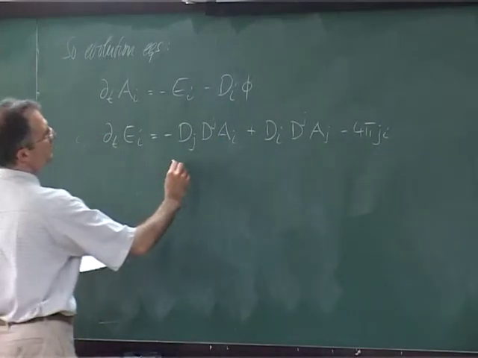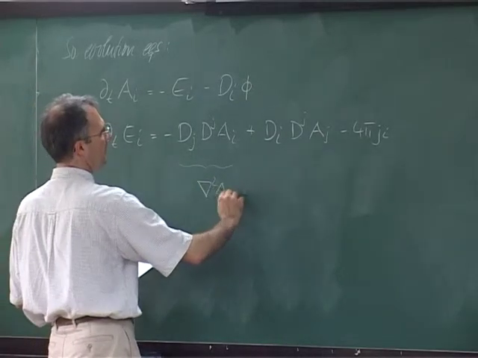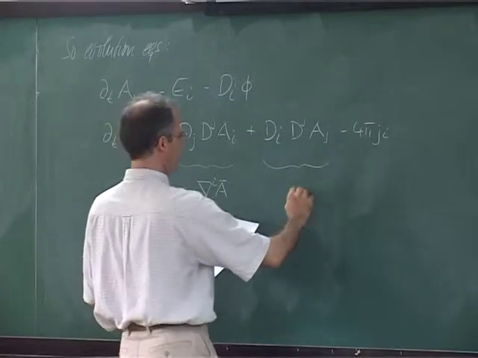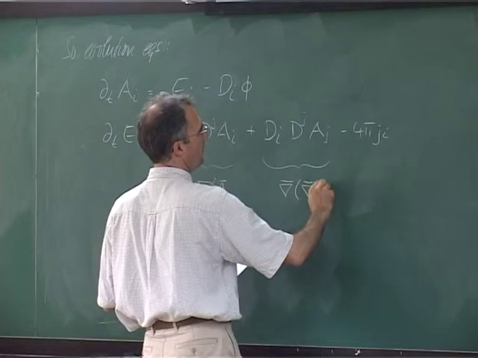I remind you that perhaps you're more used to seeing this term as a Laplace operator acting on A, and this term as the gradient of the divergence of A.